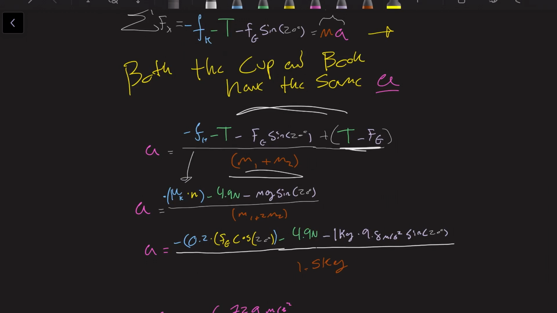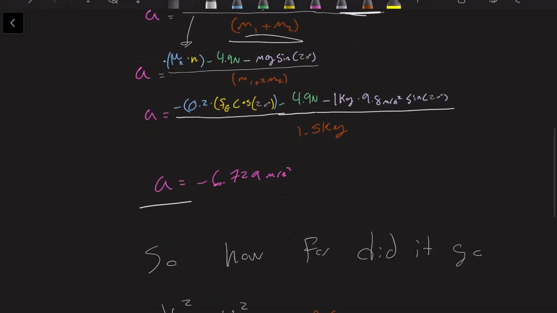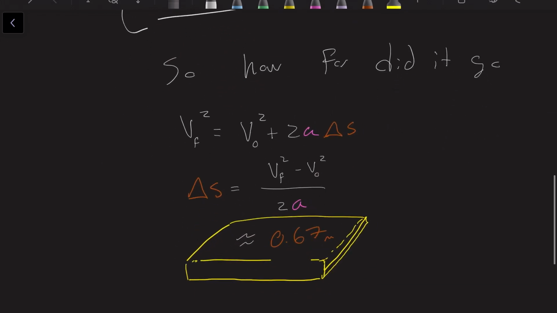Going through that, if we plug in our values, we get the kinetic friction, mu k times n, and it'll get us our a. We can solve through all of this and pump out this value right over here, negative 6.729 meters per second squared. Now we can figure out how far the book actually traveled. There are a few ways to do this, but my personal favorite is plugging it right into the kinematic equation v final squared equals v initial squared plus 2 a d, based on the information that was given to us.